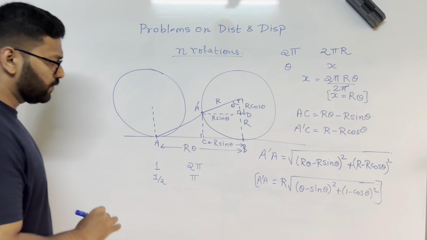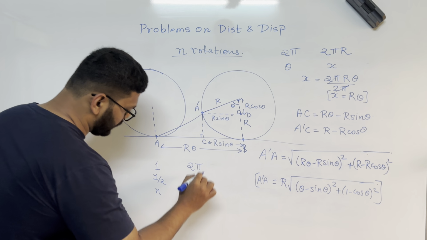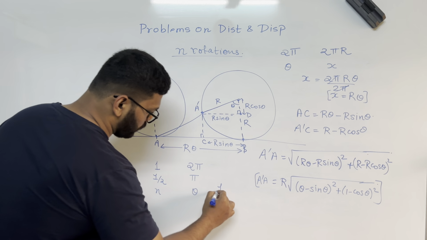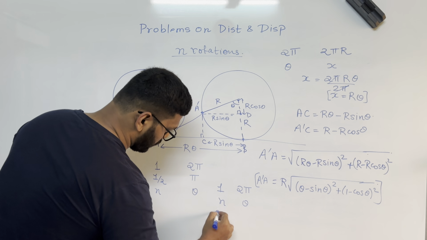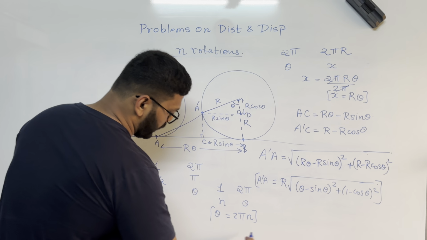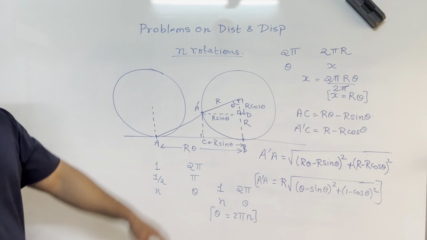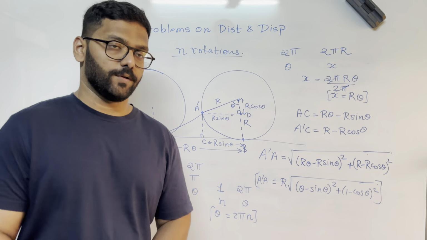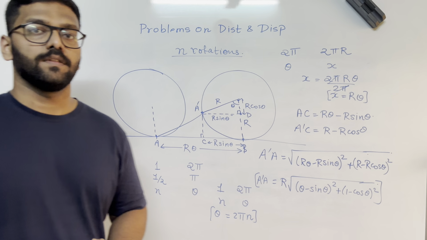Pi. So for n rotations, how much angle will be covered? Let's say theta. For one rotation it is 2 pi, for n rotations this is theta. So theta is equal to 2 pi n. So just put your 2 pi n value as theta here, and then you will get the displacement, right? Okay. So these are the questions based upon distance and displacement, right?